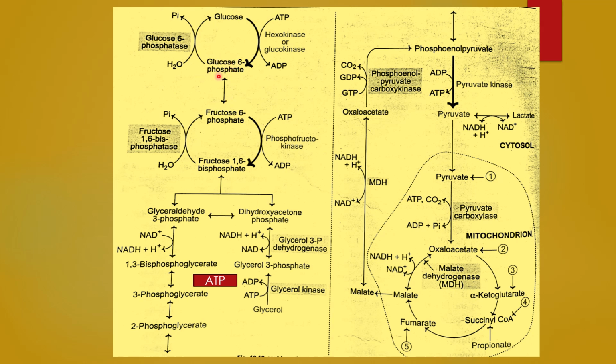Then finally, the last step, glucose 6-phosphate has to convert to glucose, because new synthesis of glucose has to take place. Here there is a difference of another enzyme: in glycolysis, converting glucose to glucose 6-phosphate used hexokinase or glucokinase, while in gluconeogenesis the enzyme is glucose 6-phosphatase, which finally releases the glucose. So this is the third difference.